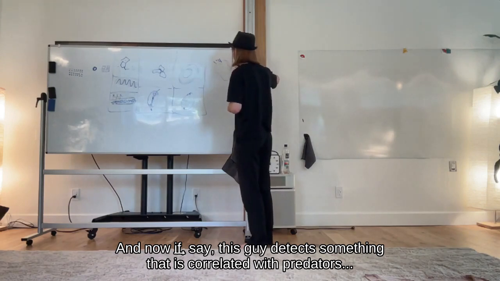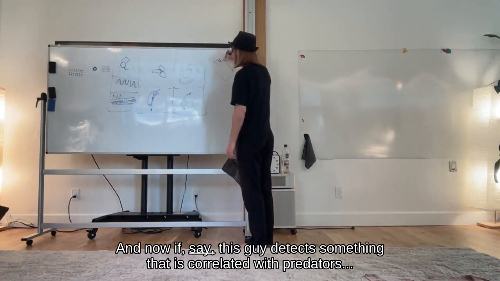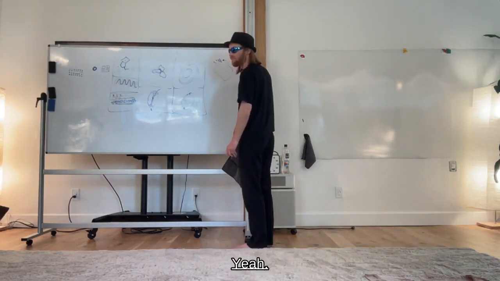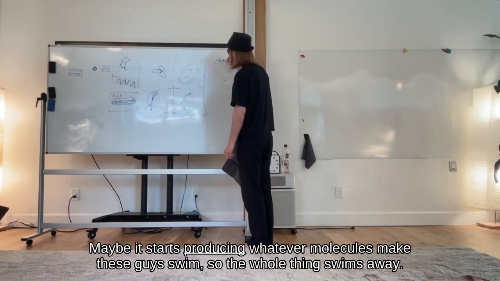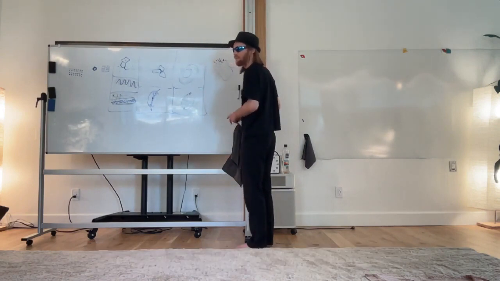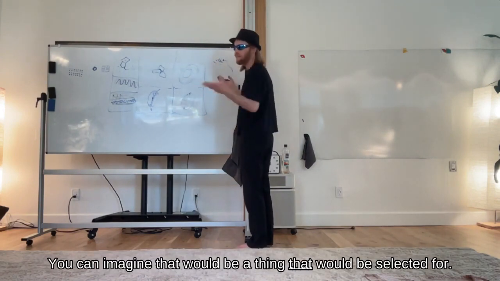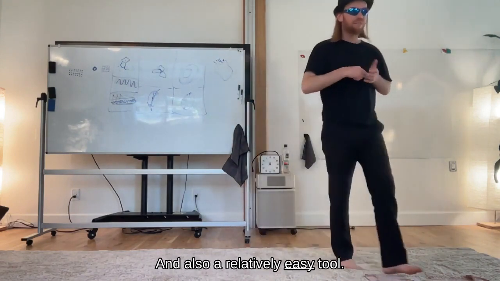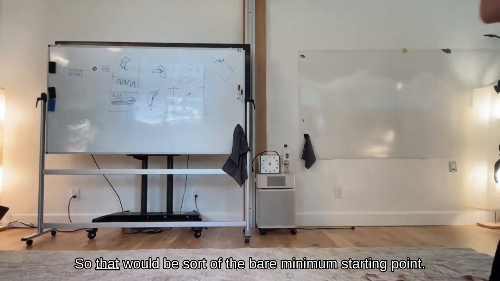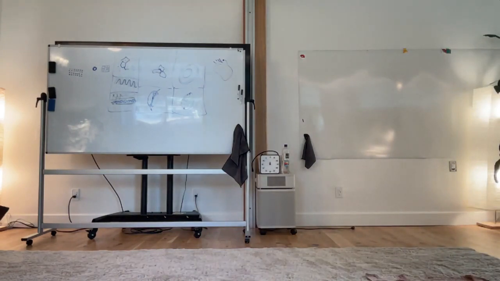And now, say this guy detects something that is correlated with predators, then maybe it starts producing whatever molecules make these guys swim, so that the whole thing swims away. Right? Yeah. You could imagine that would be a thing that would be selected for, and also relatively easy to evolve. So that would be sort of the bare minimum starting point.